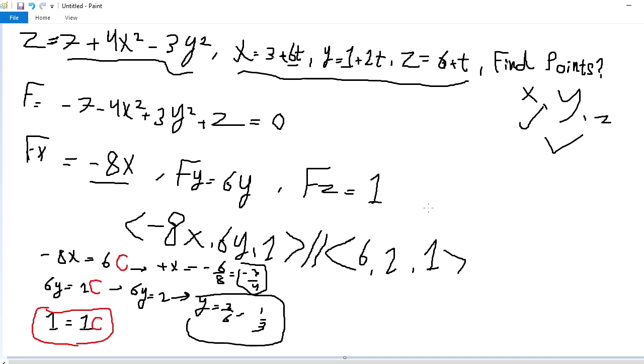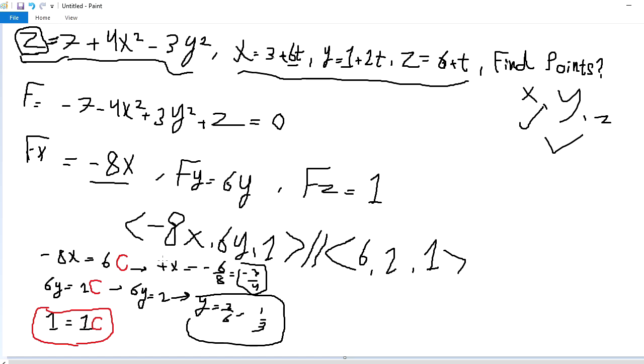And x is found. How do you think we can find z? If you really don't have an idea how to find z, we can find it from the original equation. Z is going to equal 7 plus 4x squared minus 3 times y squared. So x and y are found, and z is the only thing we need to find.